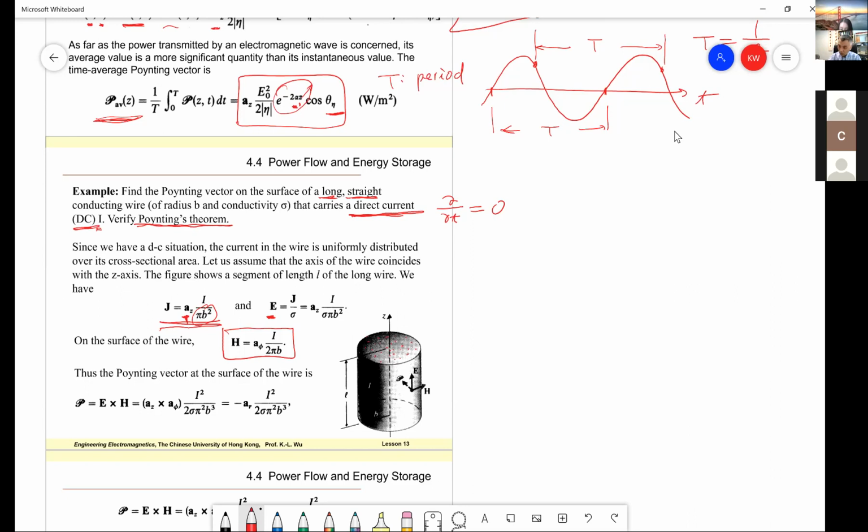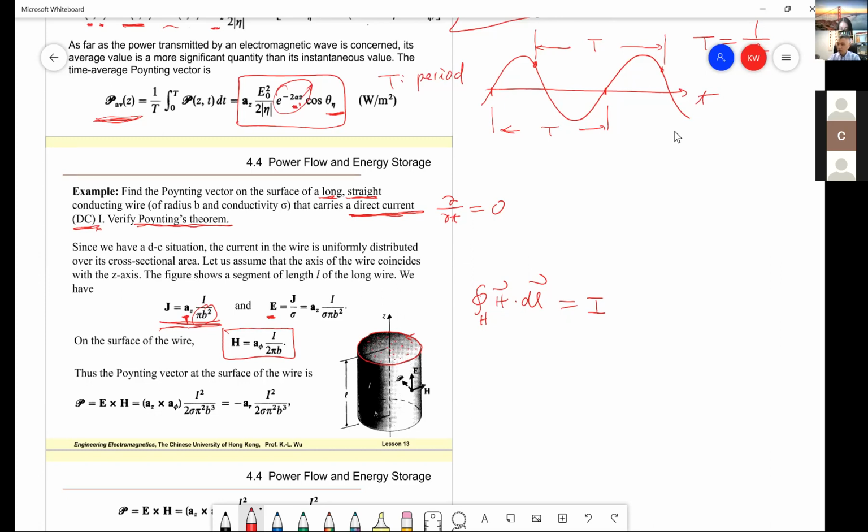Because we define a contour C, the magnetic field around the contour C equals the total current. This is Ampere's law when the displacement current equals 0, right?